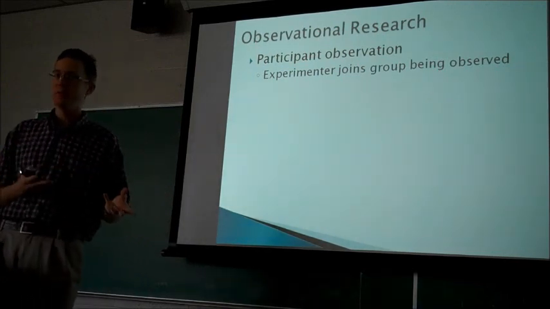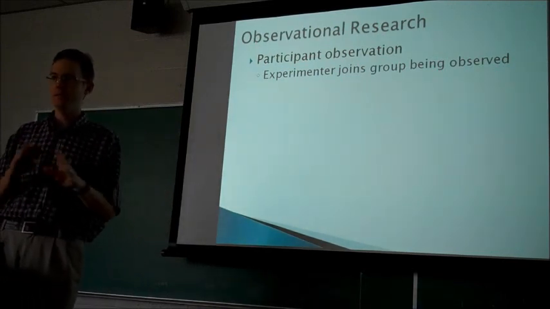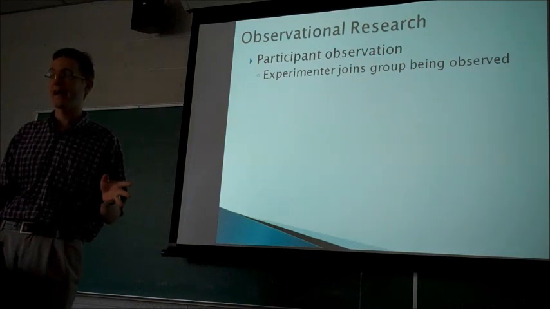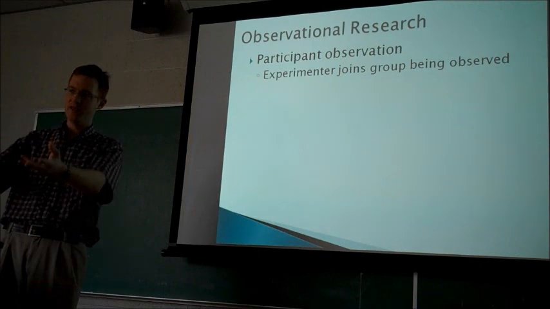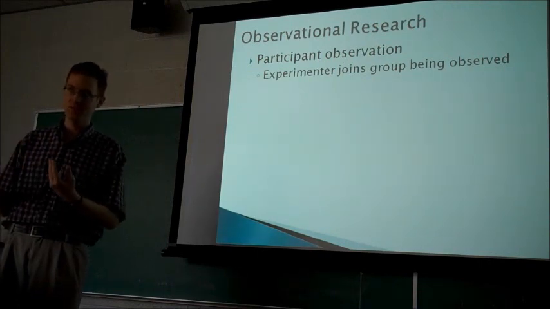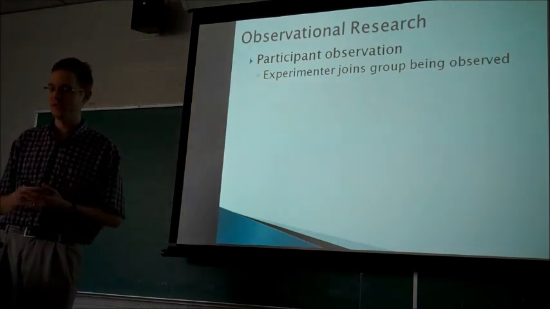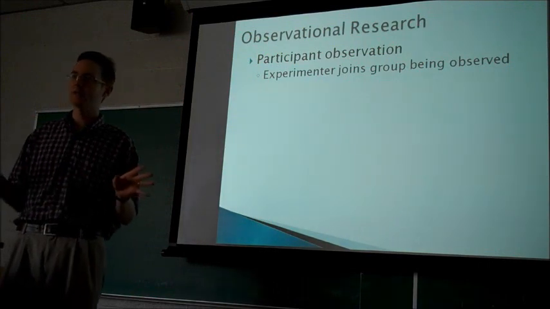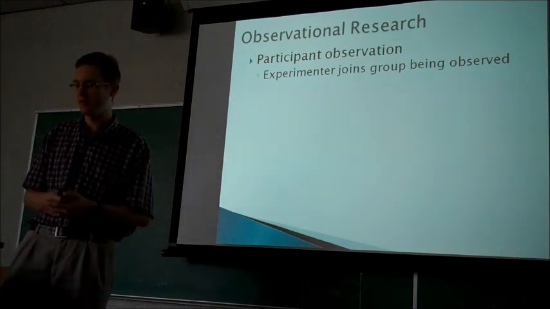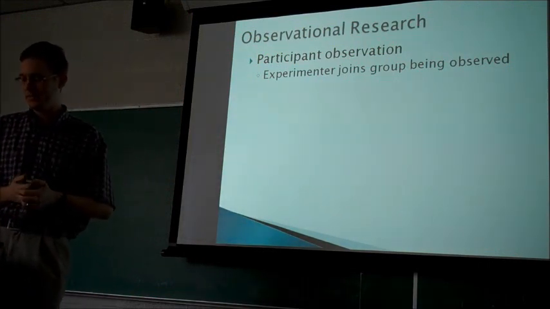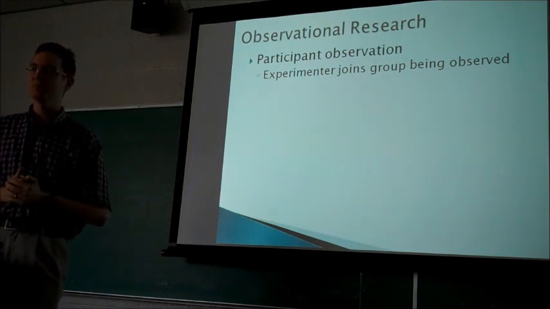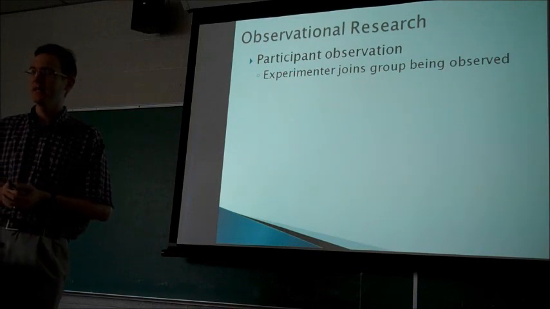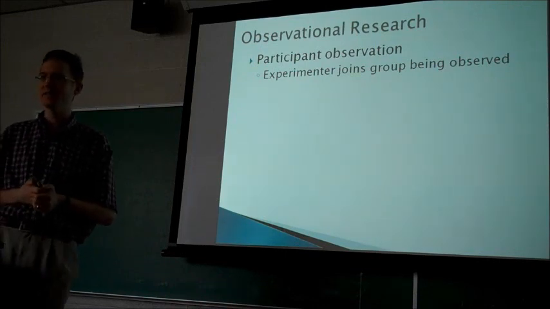In naturalistic observation, there isn't usually any type of interaction. You're just observing. You might be blending in, and you might assume that your subjects think that you're part of their group or something like that, but you're not really interacting with them or influencing their behavior in any way. So, as you can imagine, this participant observation technique can be kind of tricky, especially when it comes to issues of bias.